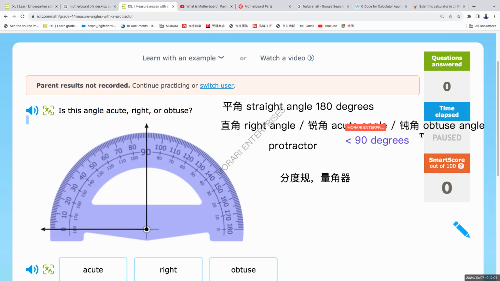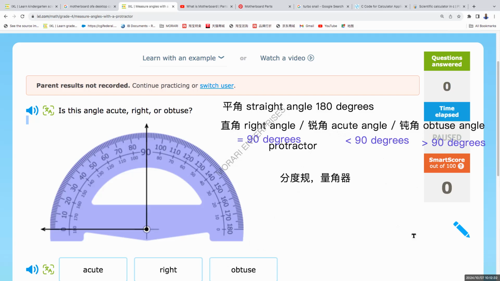Obtuse angle is more than 90 degrees. Right angle is equal to 90 degrees. So these are names you give to angles.